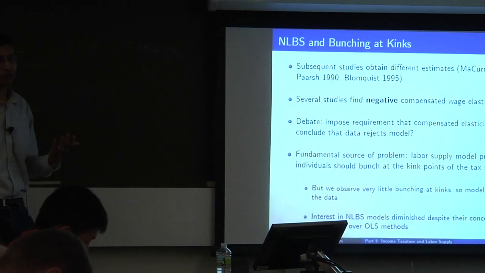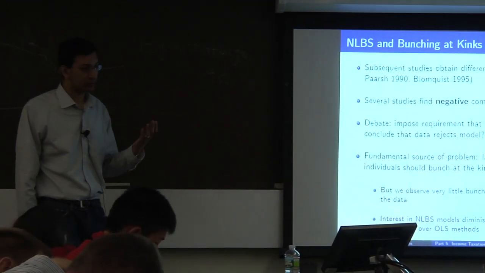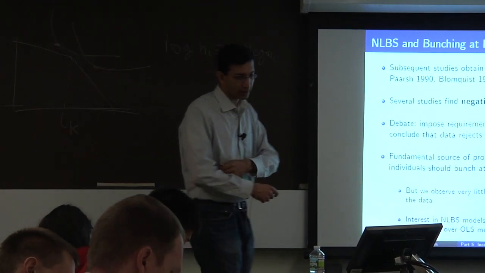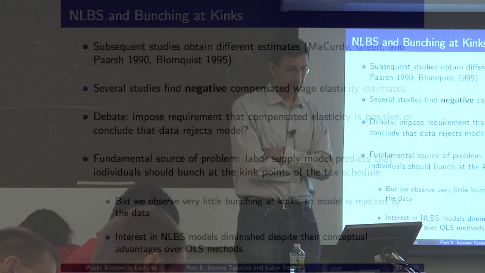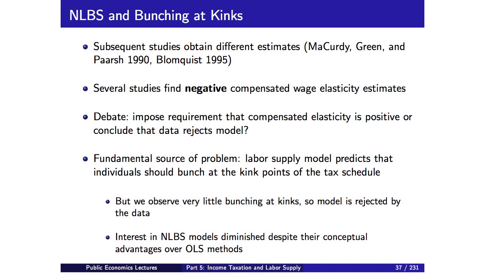Now just a quick word on the way this literature developed. I'm not going to go through these studies in detail because I don't think it's the active part of the literature at the moment. Subsequent studies obtained different estimates. What really raised a problem is that a bunch of studies got negative compensated wage elasticity estimates, which doesn't make any sense because you can't have a negative Hicksian price elasticity. It's a deep problem because it's like rejecting the model you are using to estimate the data.